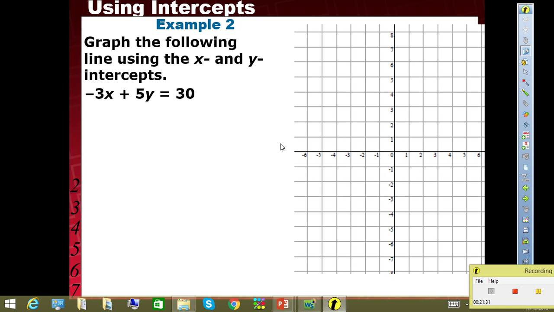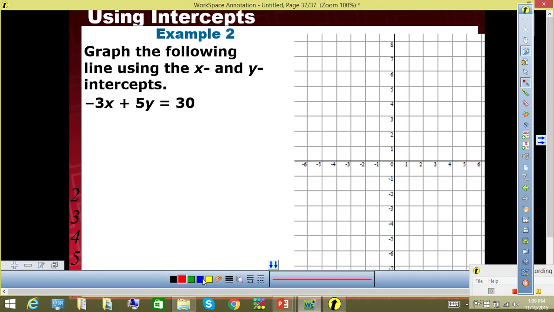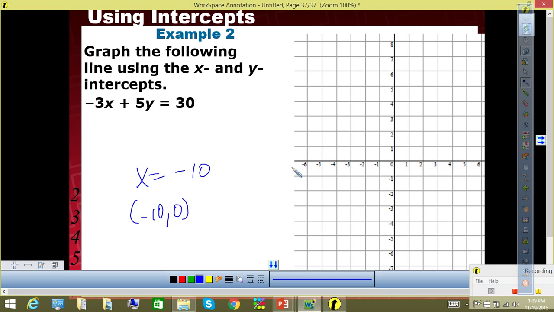All right, let's see. Sergio, what is my x and what is my y intercept? Your x is negative 10 and your y is 6. What is the coordinate? Negative 10, 0. So it's about 7, 8, 9, 10.